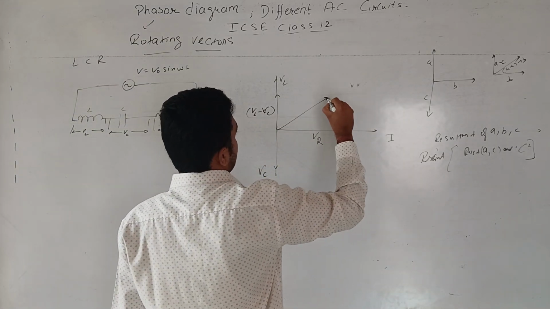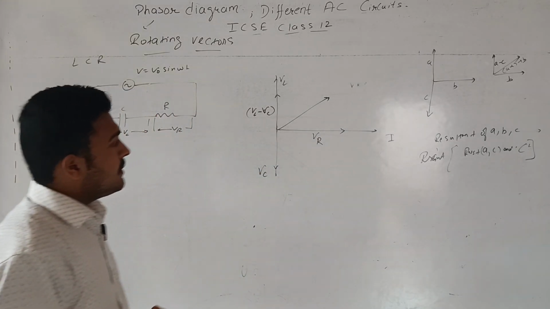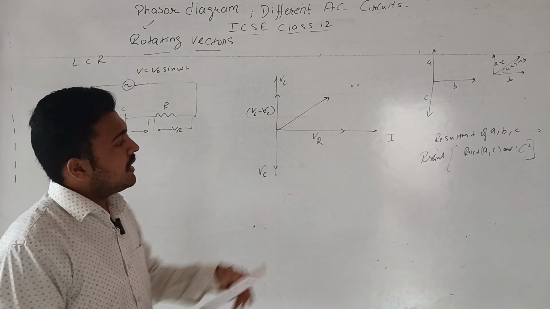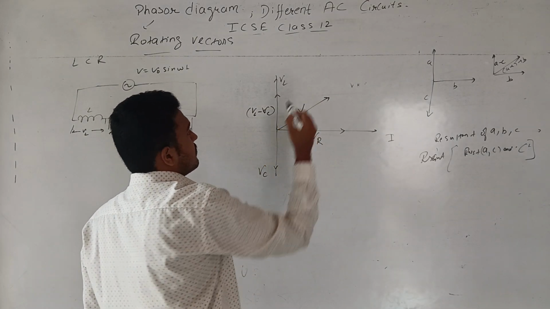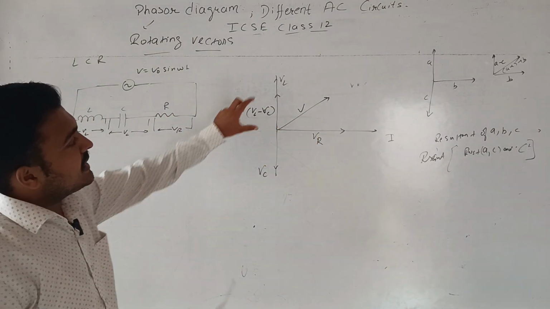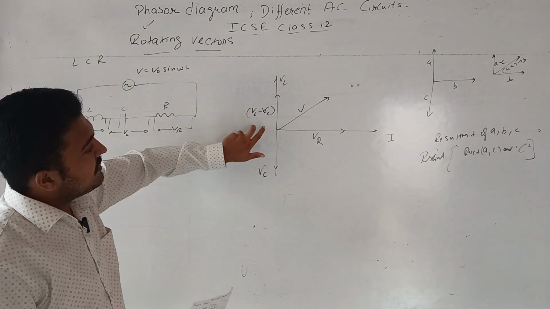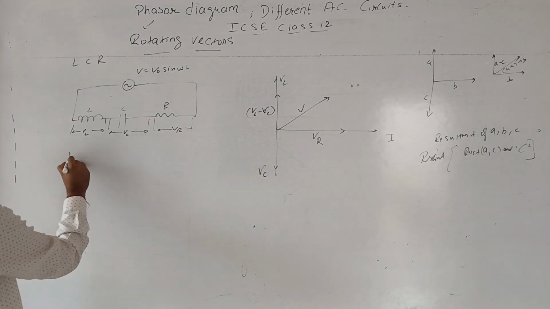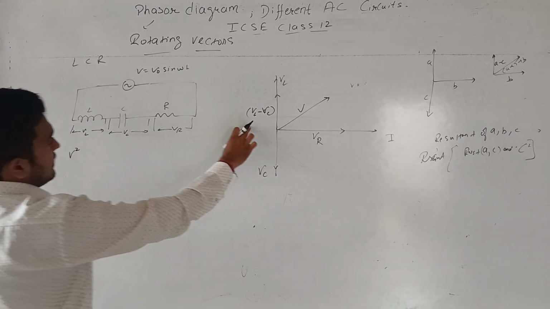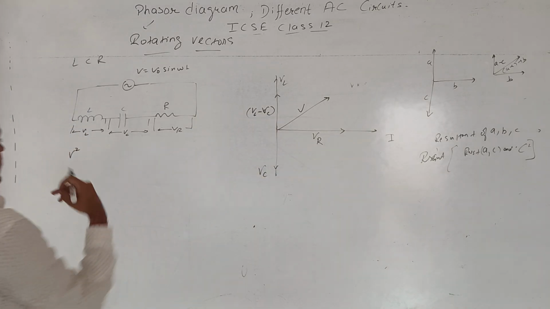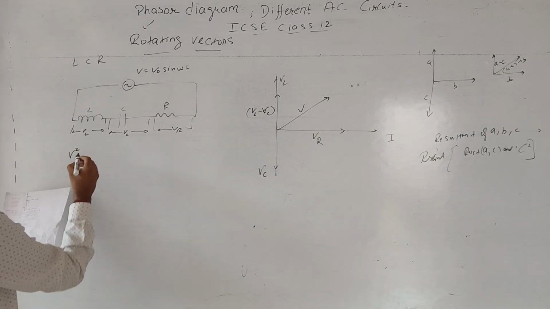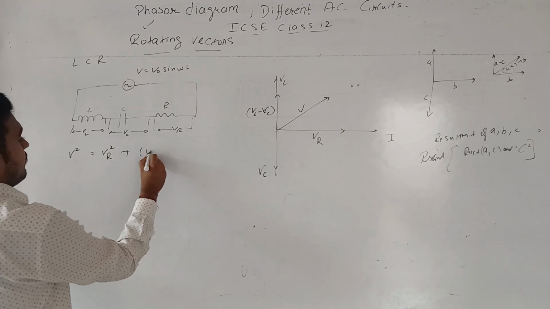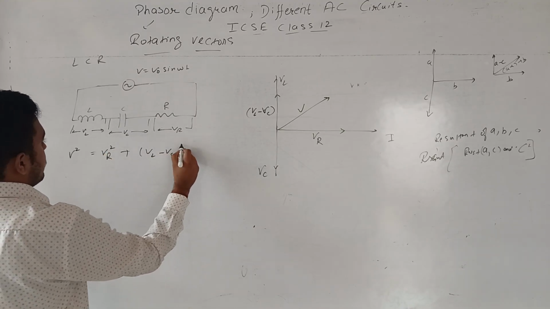Now we assume there are only two vectors, VL minus VC and VR. Because the angle between them is again 90, V square is equal to VR squared plus (VL minus VC) squared.